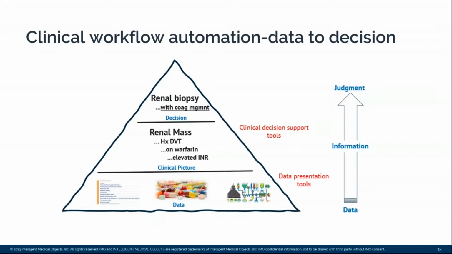That's my clinical picture. Now that data becomes information, and out of that information, I have to make a judgment. If my judgment is to do a renal biopsy, I have to do it with coag management. Bringing all of those elements together into a single coherent picture so that I can make a decision is exactly what automating workflow is all about.